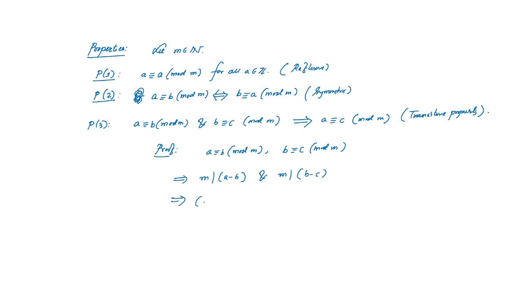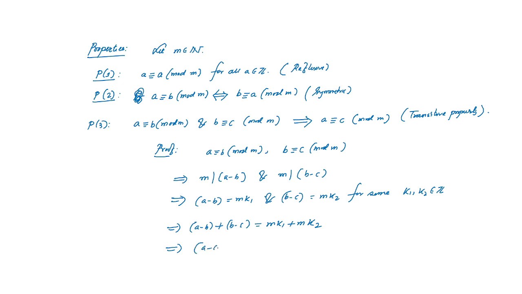So we can write a minus b equals m k1 and b minus c equals m k2 for some k1, k2 belongs to Z. Now we add the two relations: a minus b plus b minus c equals m k1 plus m k2. From that, a minus c equals m times (k1 plus k2).